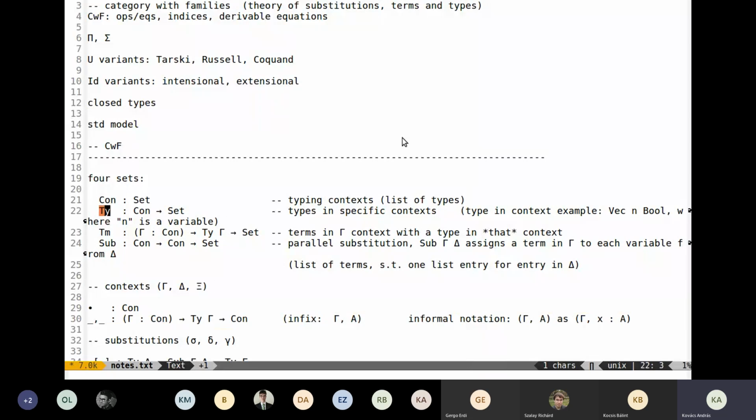And I also say that there is a family of sets of types. The types are also just inductively generated by the finite application of every rule. And likewise for sub, and likewise for TM. And that is just what we mean by the syntax of type theory. Does that make sense?